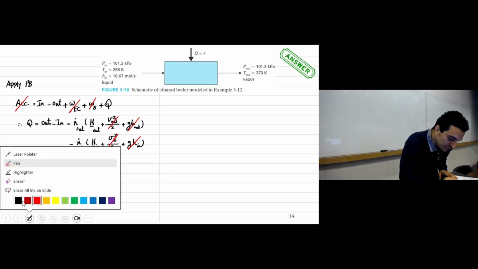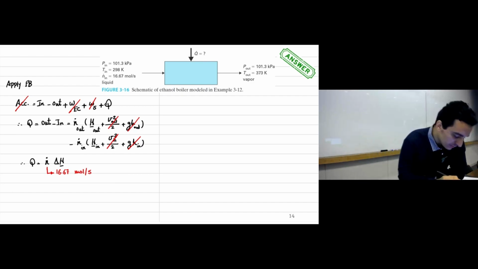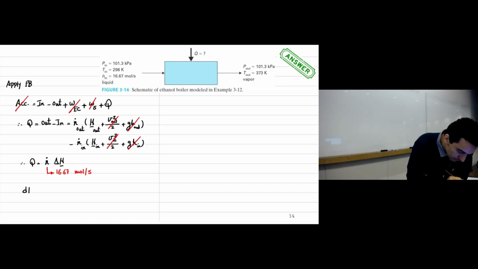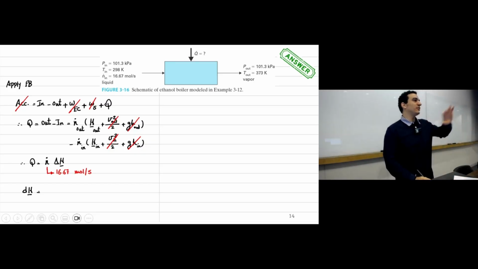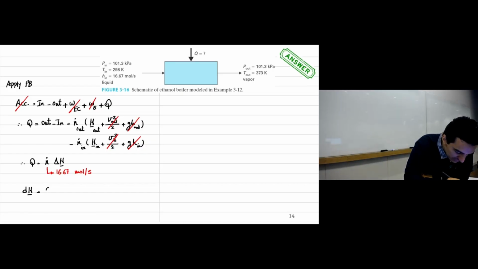Okay, when I tried to find delta U in previous examples, I said dU is Cv dT. So what will dH be? If dU is Cv dT, then dH is Cp dT, the heat capacity at constant pressure times dT.